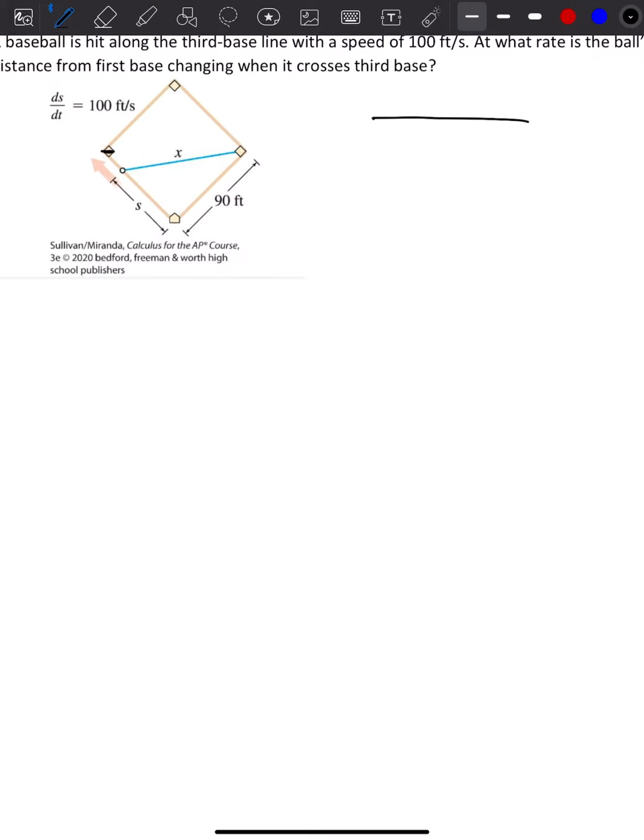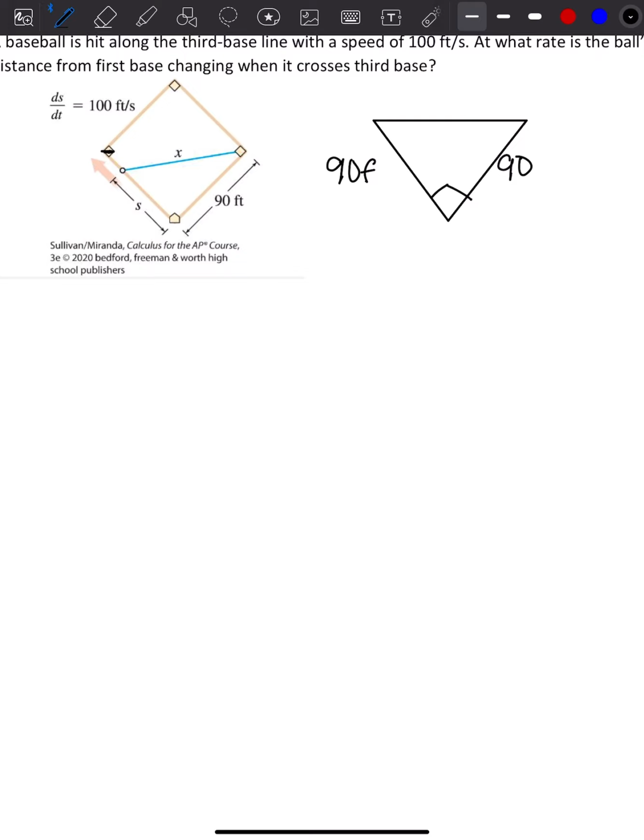So our triangle is going to look something like this, where this is a right angle, even though it doesn't look like it right now. So what we know is that the distance between home base and first is 90 feet. The distance between home base and third is 90 feet. So we know this much right now.